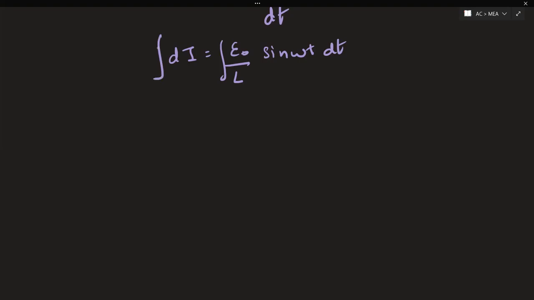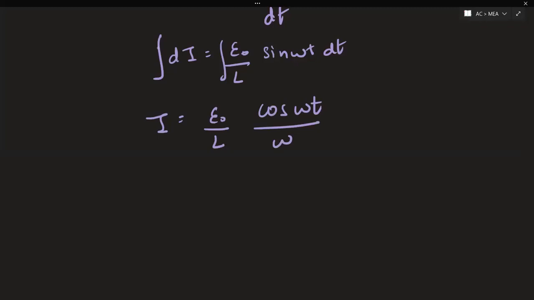So integration of di. If you integrate di, ultimately you will get I only. And here E naught by L, these are constant terms, so you can take them out. And sine omega t, see, the integral of sine omega t will be what? This will be minus cos omega t divided by omega.